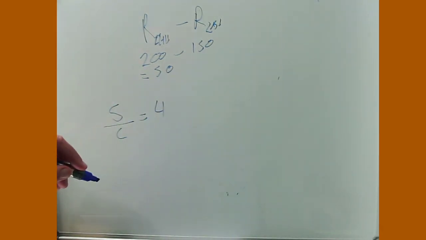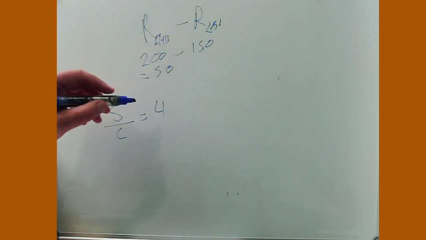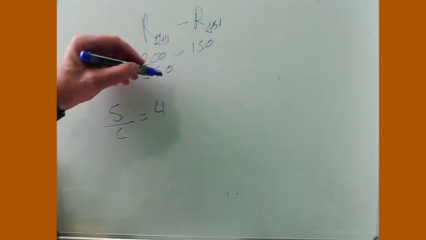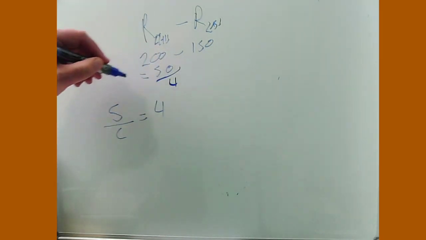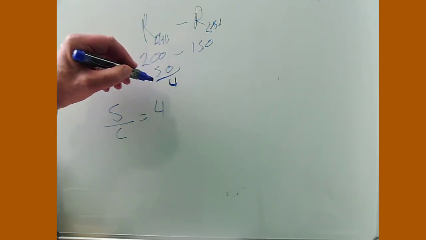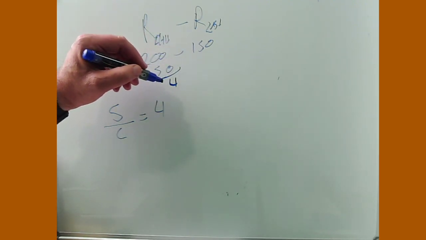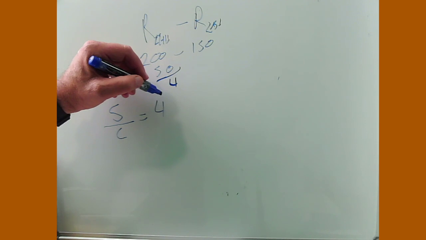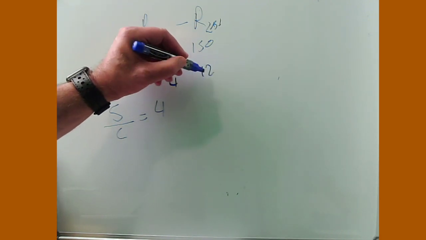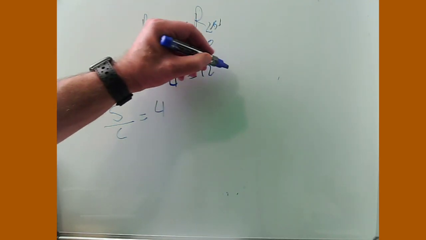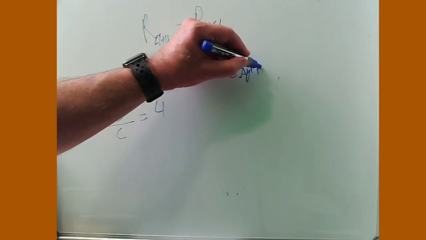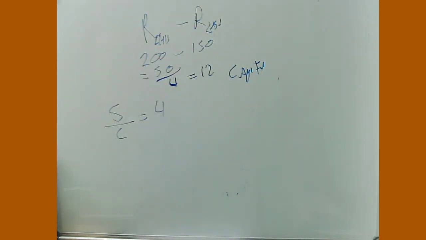If he divides 50 by 4, that's about 12 or so. And that's the capital, the reinvestment, that you will need. That's how much you need to reinvest in your business.